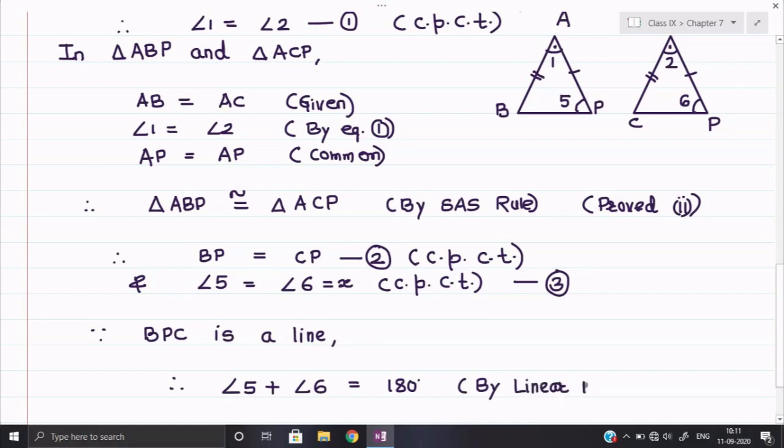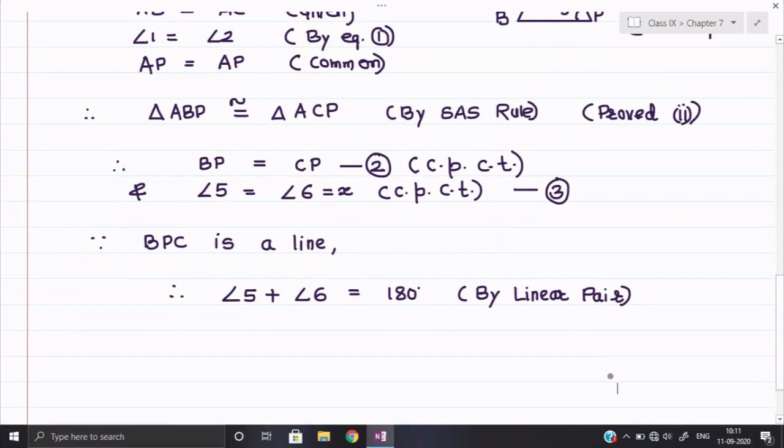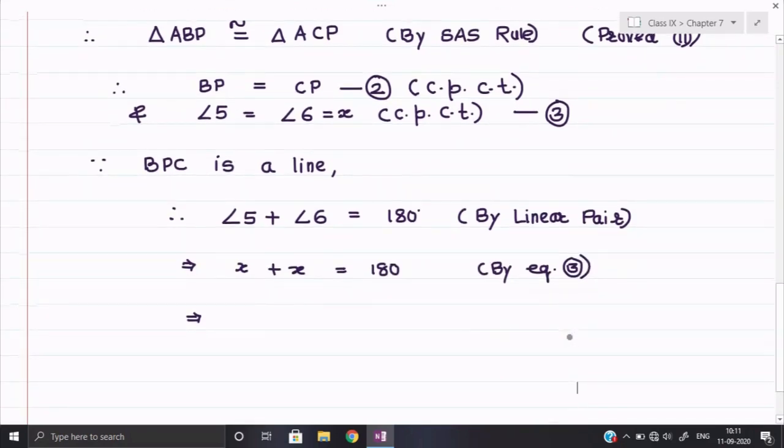I hope you know it very well. We have covered it mainly in the chapter of lines and angles. Now you observe angle 5 and angle 6 are both equal to x. So here I can keep the value, x and x. X plus x will become 2x. Here the reason we should give is by equation number 3. So x plus x, which is 2x, will be equal to 180.